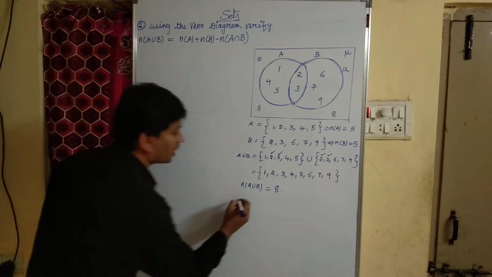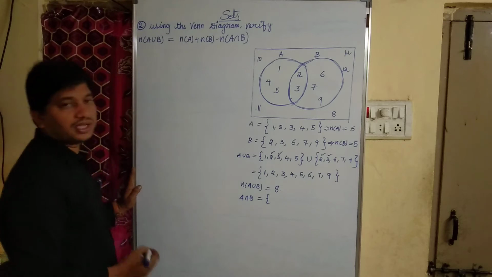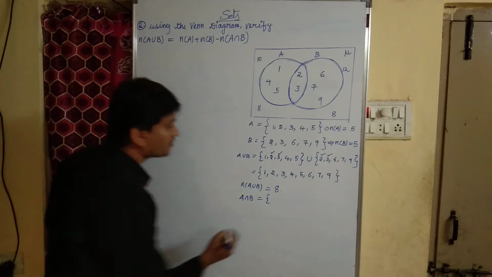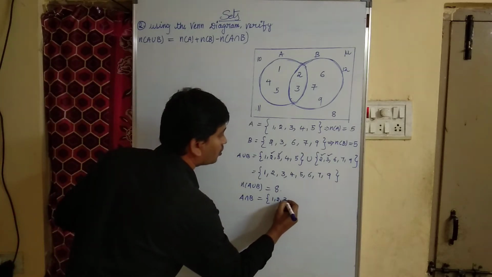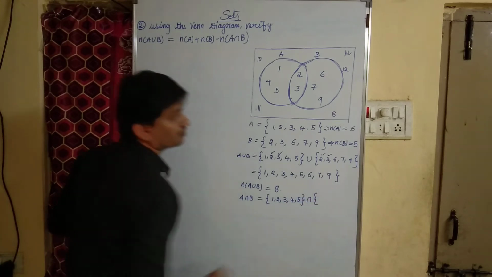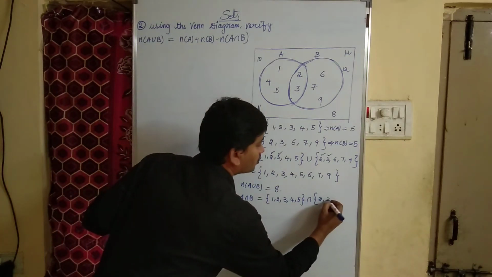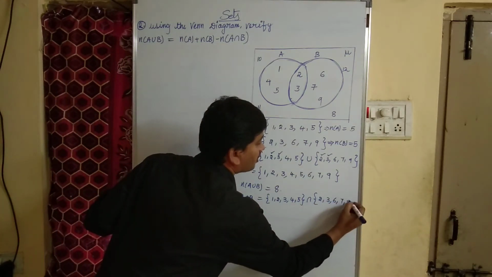As well as coming to A intersection B. The elements of set A are 1, 2, 3, 4, 5. The elements of set B are 2, 3, 6, 7, 9.